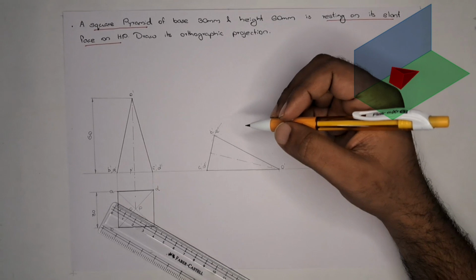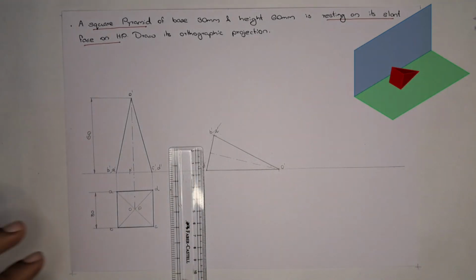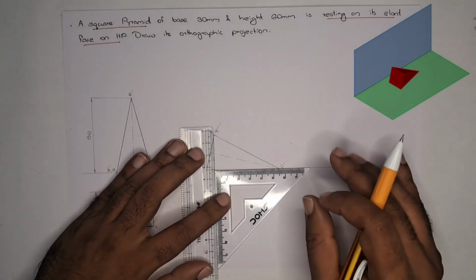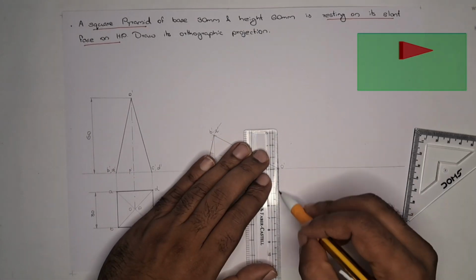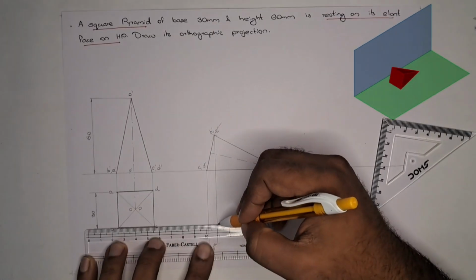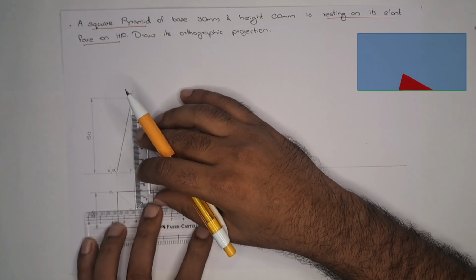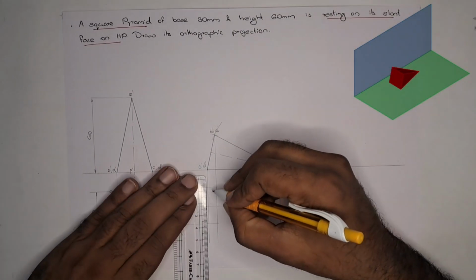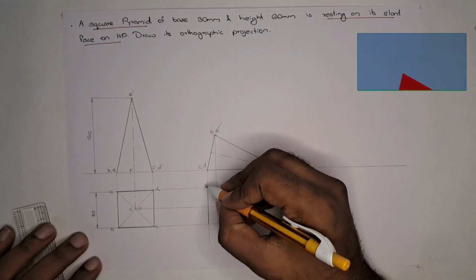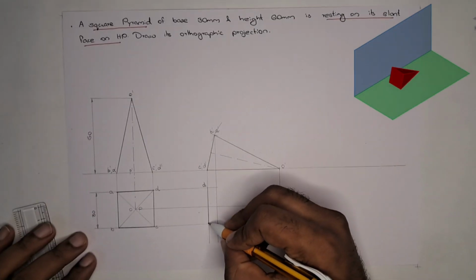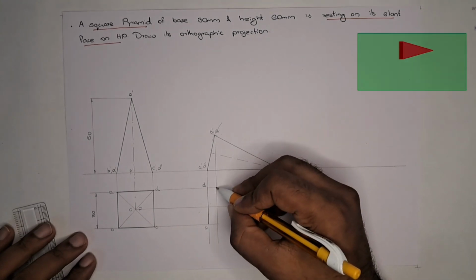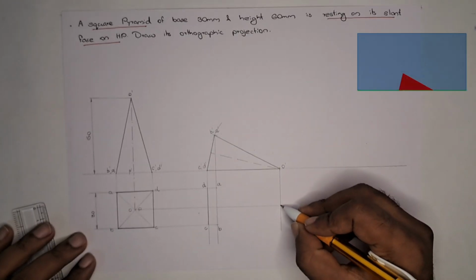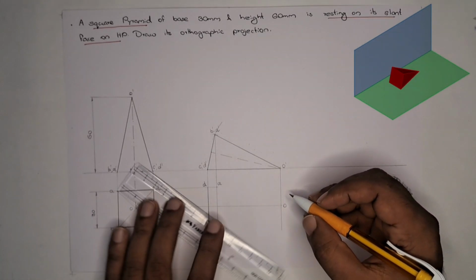So this is the axis. Now we can draw the vertical lines. Now we can connect the remaining. So this is D and this is C and this is A and this is B and this is O. So we connect the outer.